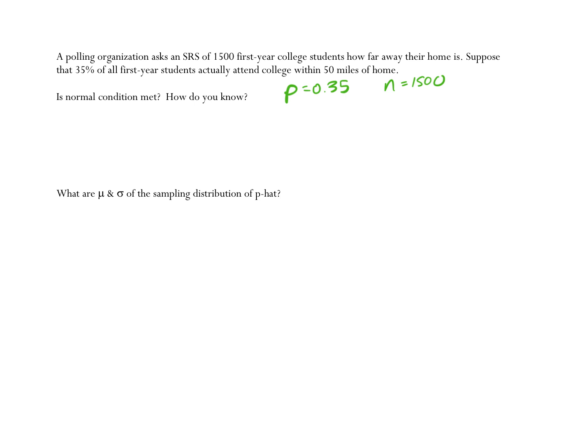Will it be normal? How do I decide? NP. It's not just that, you've got to check them both. Check both NP and N times 1 minus P. So will it be approximately normal?